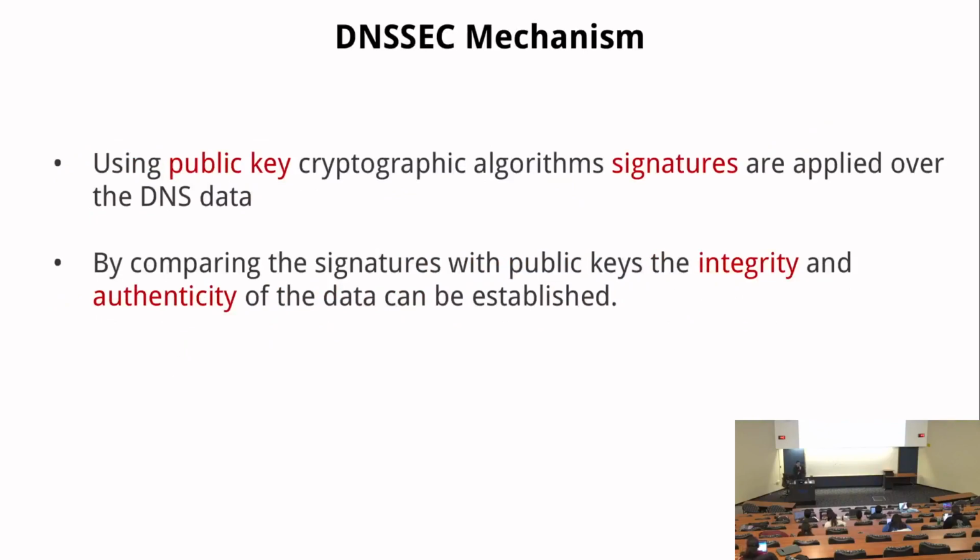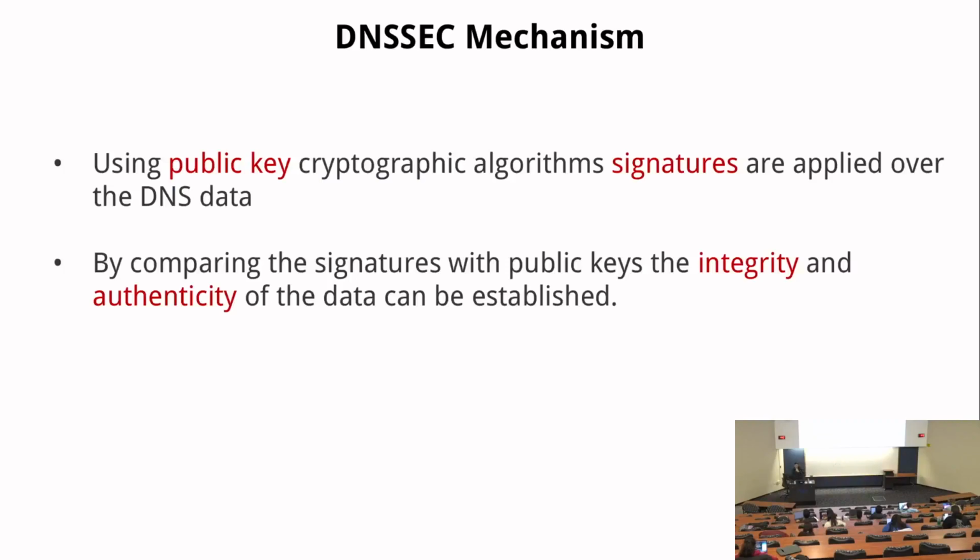So like all other security protocols, we use crypto to solve this problem. And when we think about data integrity and authenticity, we usually think about a public key system, right? So we use public key algorithms, especially signatures.